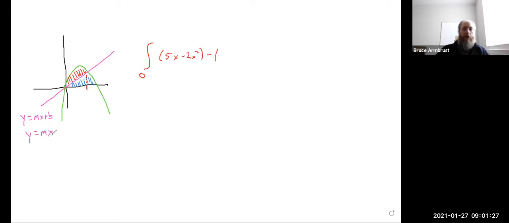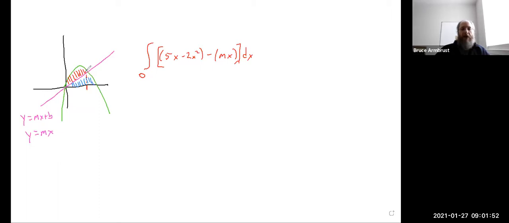But I don't know the slope. And in fact, that's what I'm trying to find. I'm trying to find the slope of the line that makes this so that I have two equal pieces. So I'm going to have to just leave that as mx. Okay, but that's what we're going to be integrating, top minus bottom.